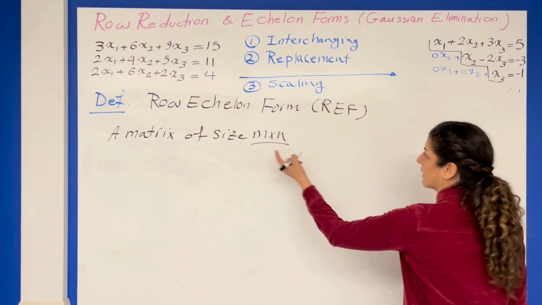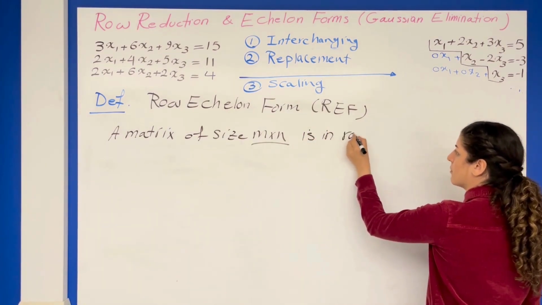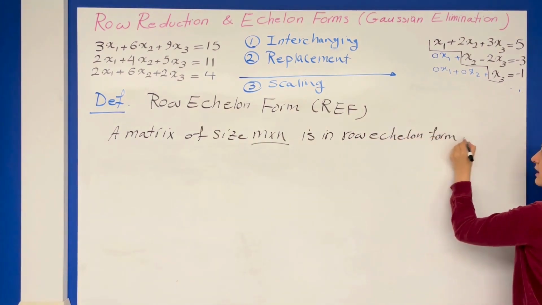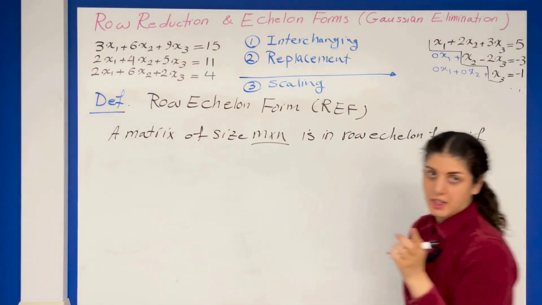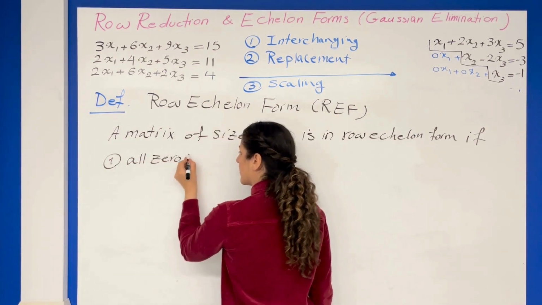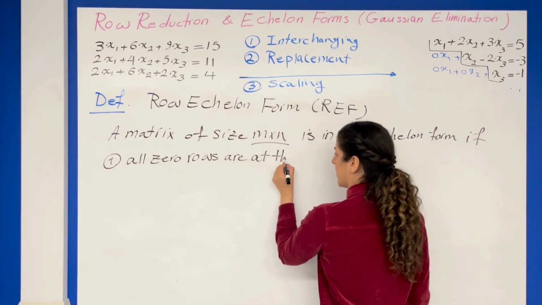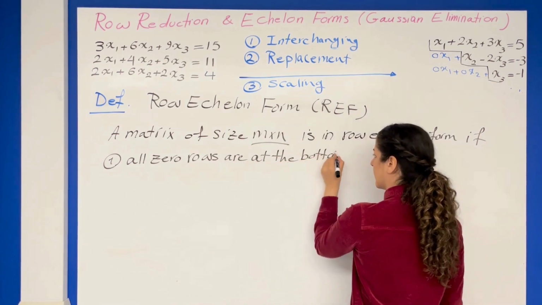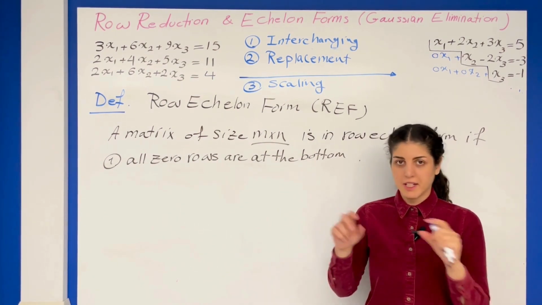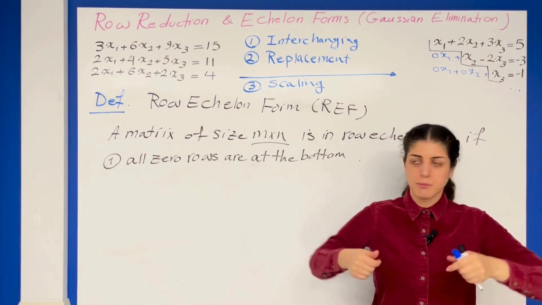So a matrix of this size is in row echelon form if we have these three conditions. First, all 0 rows are at the bottom of the matrix. So if somewhere in the middle of the process you get a 0 row, you have to use interchanging to put it at the bottom.